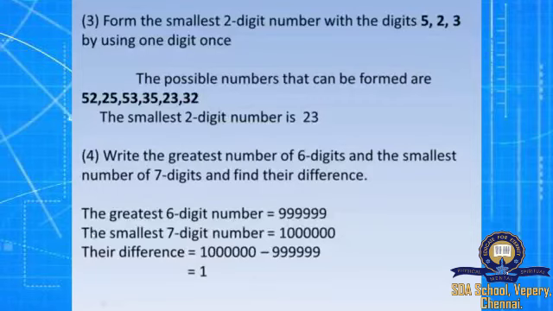The greatest 6-digit number is 9,99,999. The smallest 7-digit number is 10 lakhs. So the difference means we have to subtract. While subtracting 9,99,999 from 10 lakhs, we will get 1.